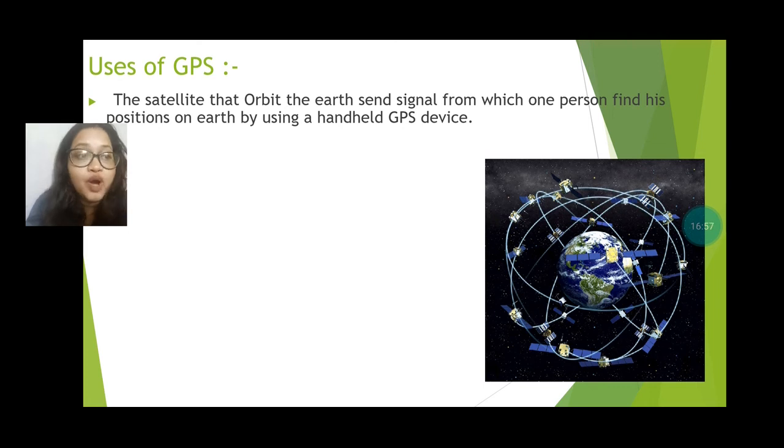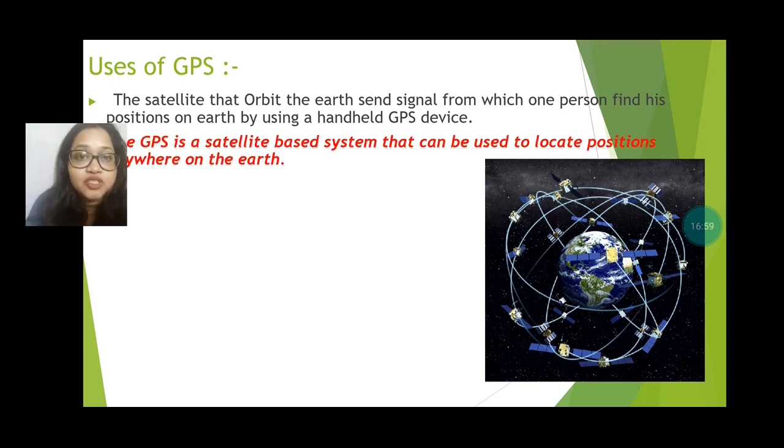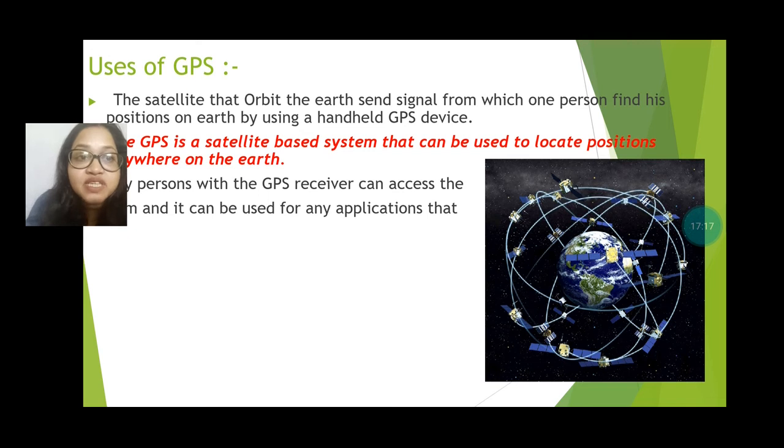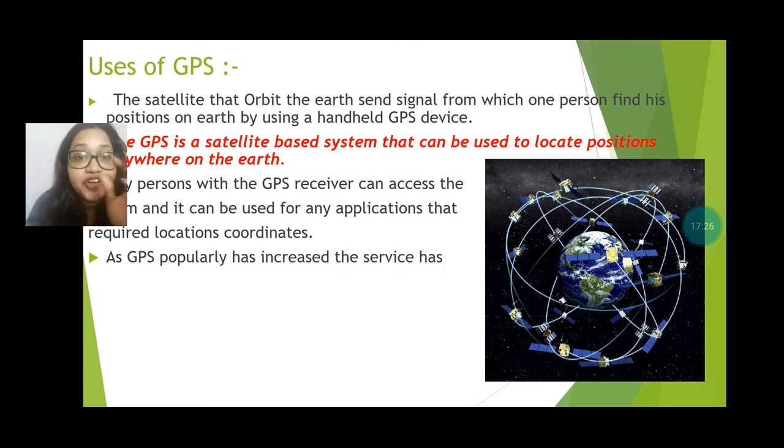Right now we have GPS in our phone, in our remote, in our car, in everything. So we can find any place. GPS is a satellite-based system that can be used to locate positions anywhere on the earth. And the GPS receiver can access the positions. It can be used for any applications that require locations.